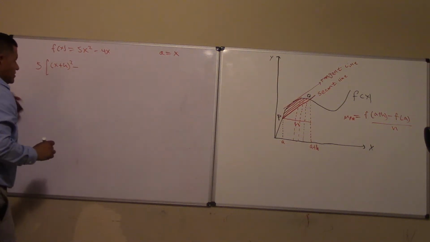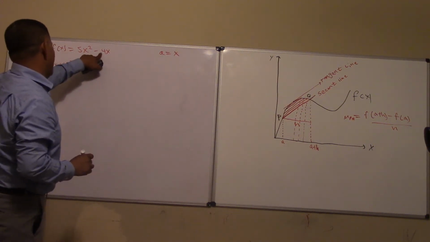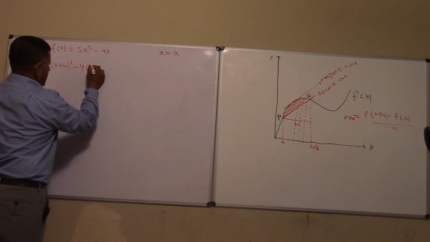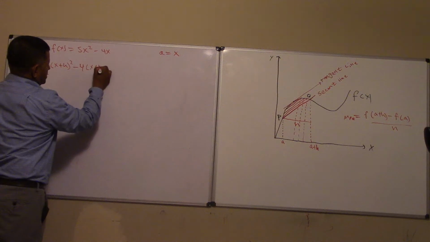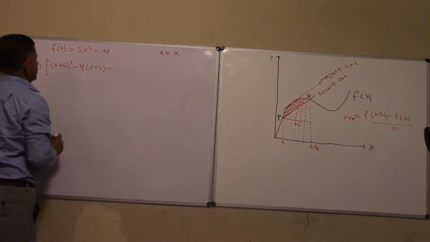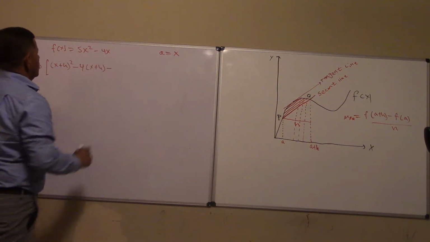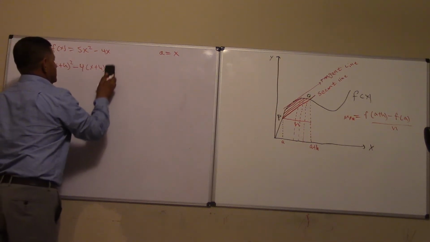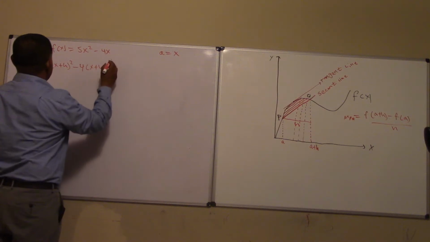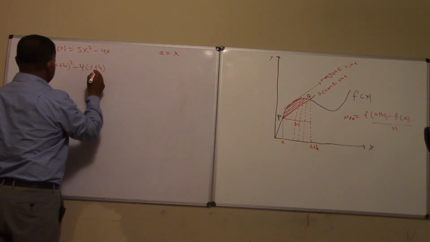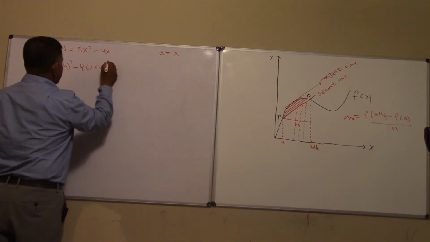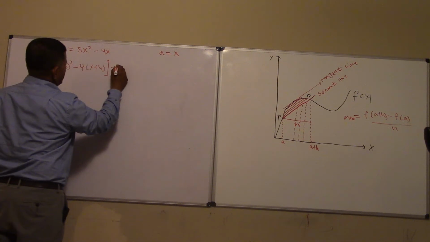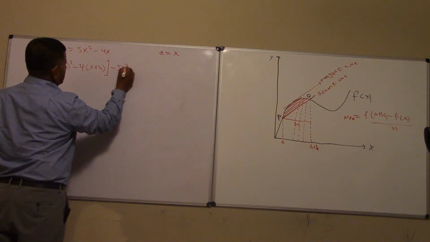Minus, I got a 4 right here, so minus 4 times x plus h, right? Minus the function, but be careful here. This is very easy to make mistakes. I can actually just put a bracket here and then subtract the function, which is 5x squared.